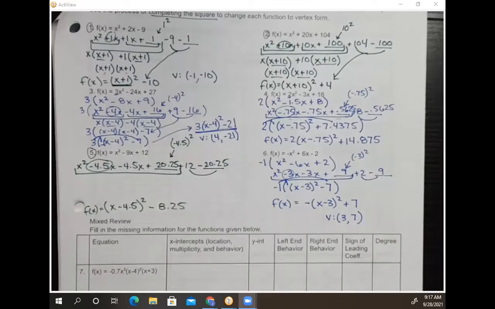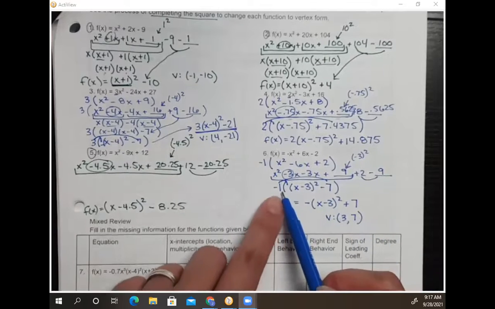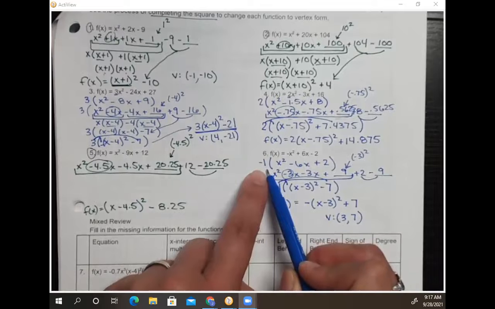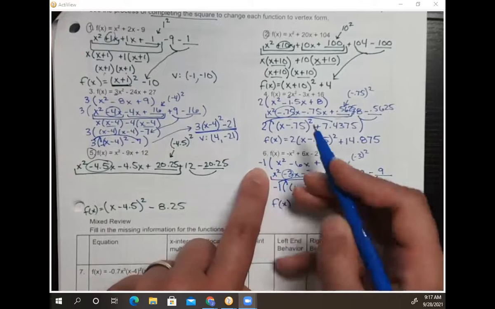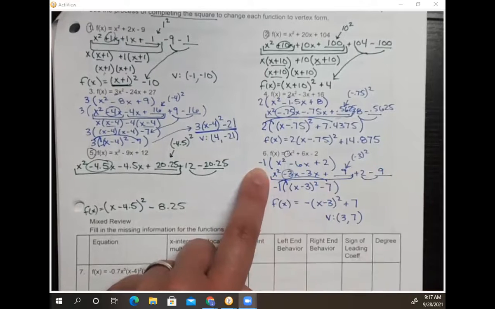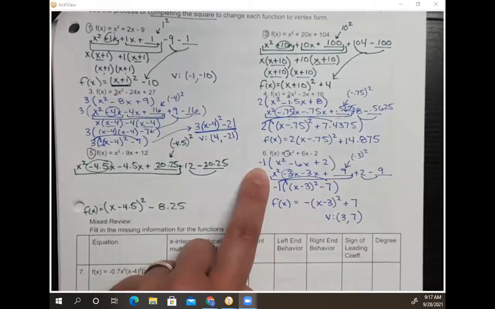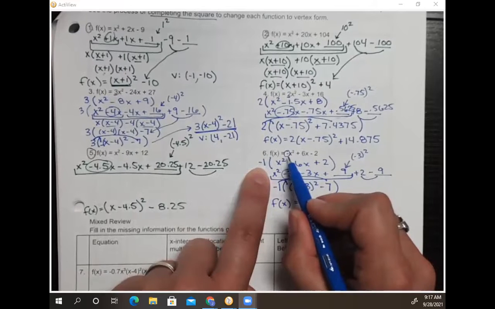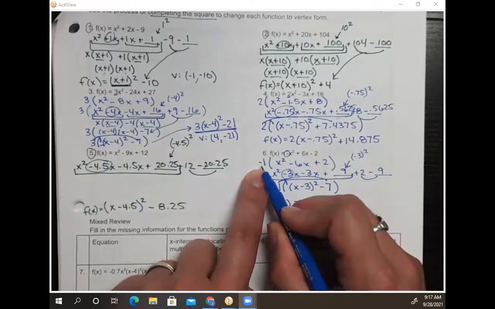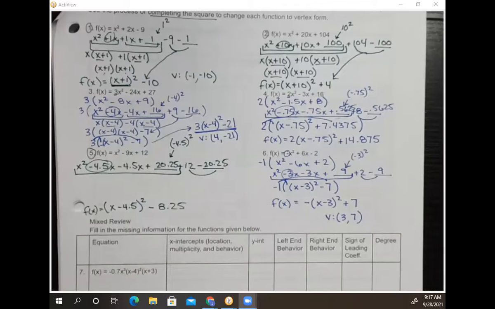Yes? I don't understand why you put the -1. This guy here? So the -1 here is because our lead coefficient was -1. So anytime you see anything in front of x squared and you want to change it to vertex form, you have to start by factoring that out, even if it's just negative.